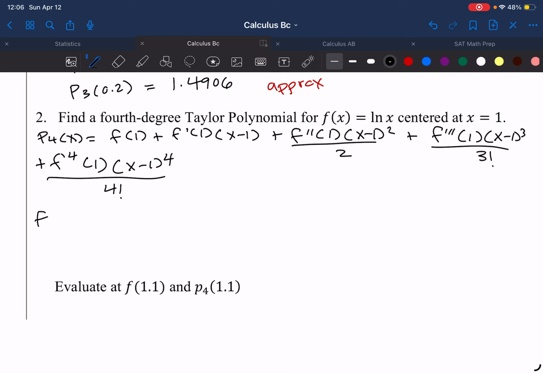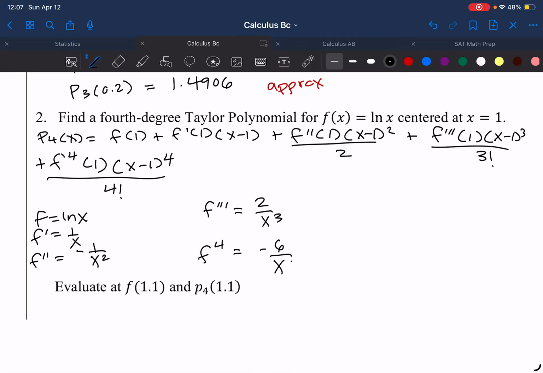So f is natural log of x, f prime is 1 over x, f double prime is negative 1 over x squared, f triple prime is 2 over x cubed, and then the 4th derivative is negative 6 over x to the 4th.